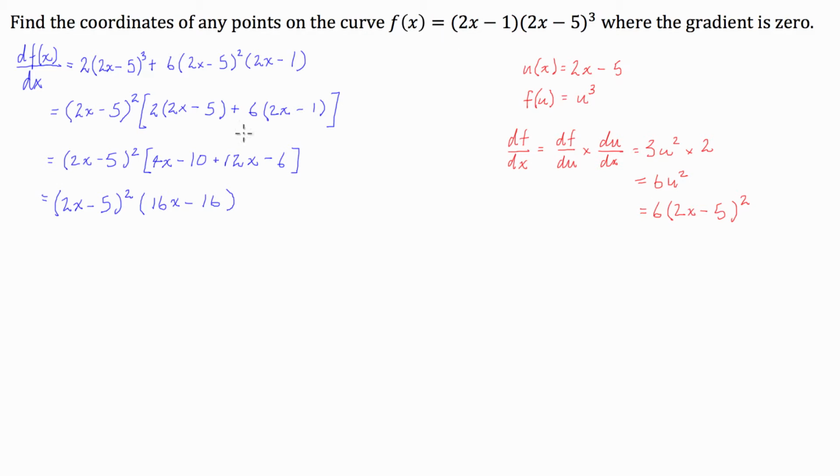Now, for the gradient, we have to find the points on this curve where the gradient function is equal to 0. So we're going to make that equal to 0. Now, using the null factor law, so we'll just write that down.